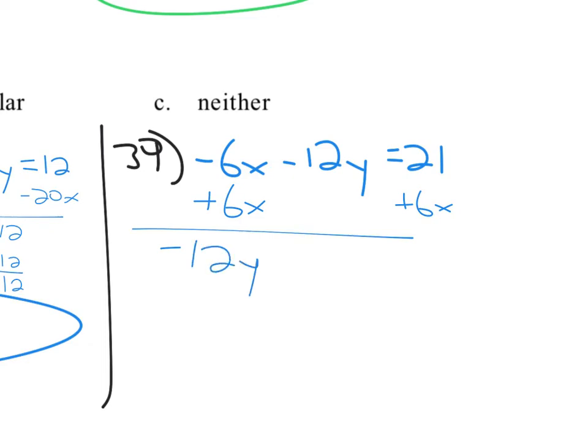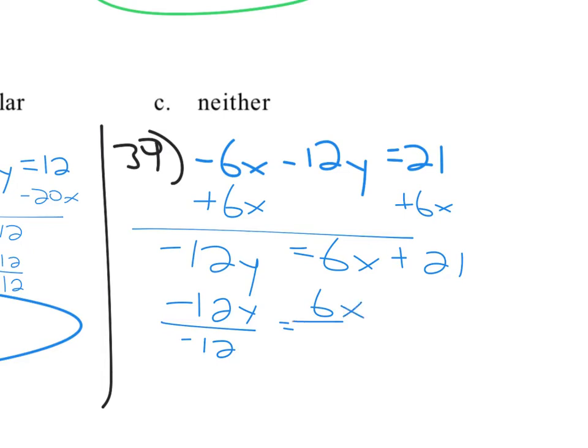And we've got negative 12y equals 6x plus 21. And we need to divide everything by negative 12. And you get y equals, this equals negative 1/2 x, minus, divide everything by 3, you get 7/4.